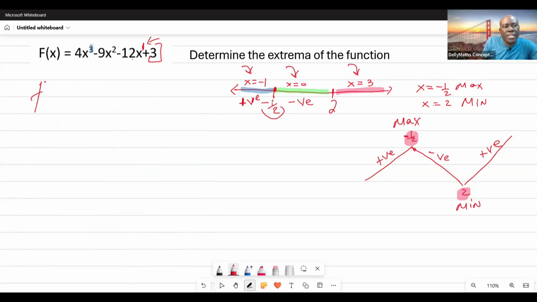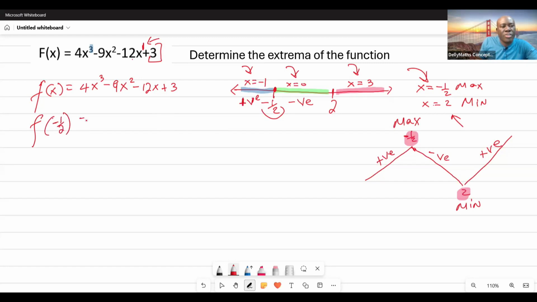So the original function that we had says f of x is equal to 4x to the third minus 9x squared minus 12x plus 3. And we're going to take that function and insert our x values at max and minimum. So the first one that we're going to do is see what it is at our maximum, where we want to find f of negative a half.